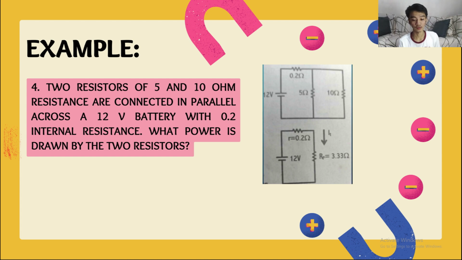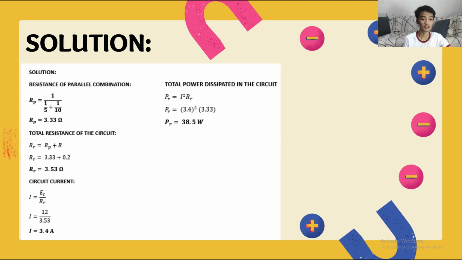Then for the solution, first, we must find the total resistance of the resistors that are parallel to each other. With the formula for a parallel combination presented earlier in the slides, we now substitute 5 ohms and 10 ohms. The total resistance when computed would be 3.33 ohms.